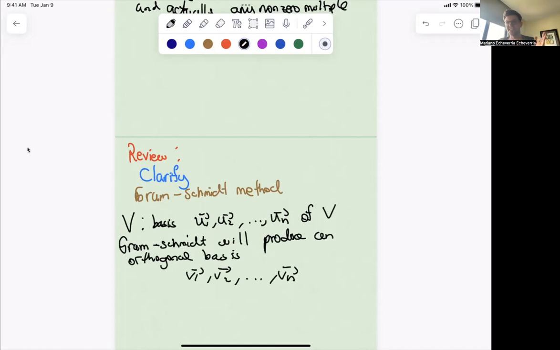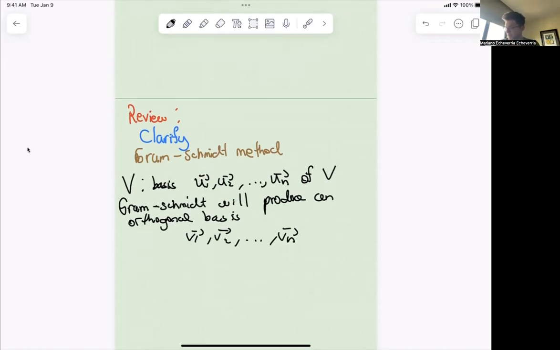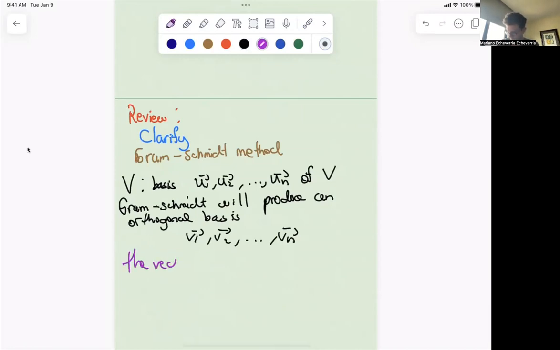The reason why I'm doing that is that actually the method does depend on how you order the vectors of the basis. Let me show you what I mean. The vectors that you get do depend on which you call the first basis vector, the second basis vector, and so on.